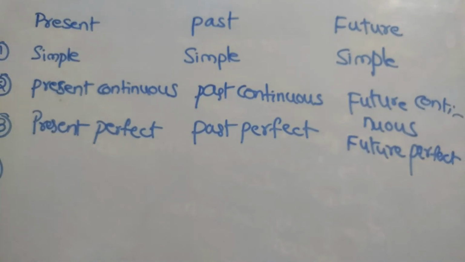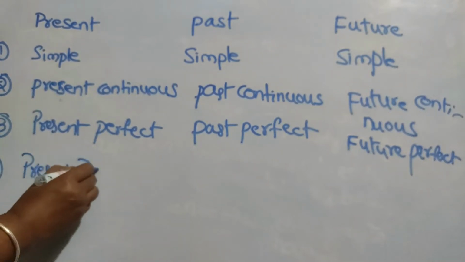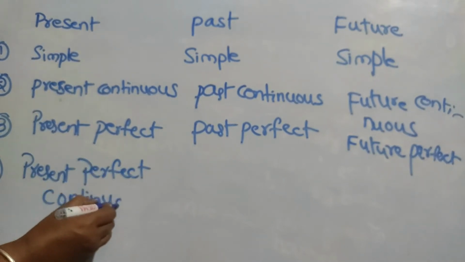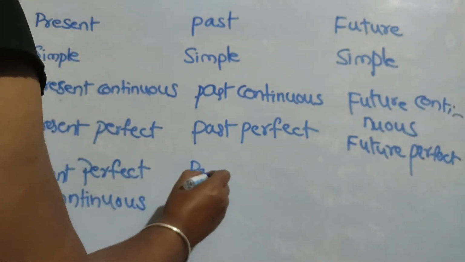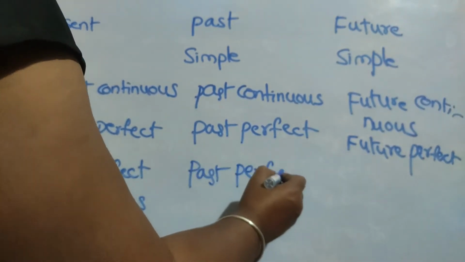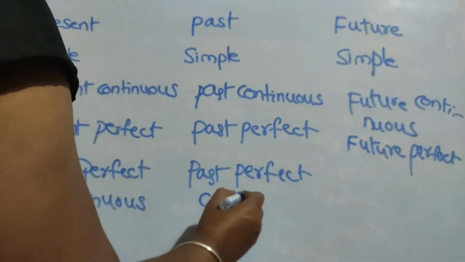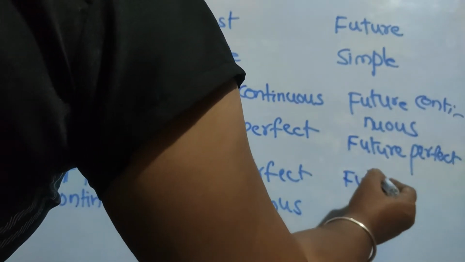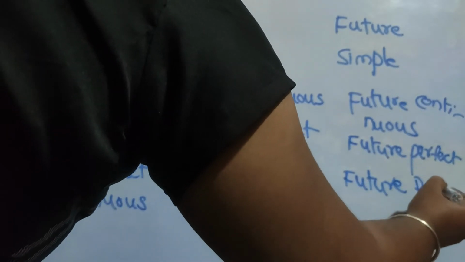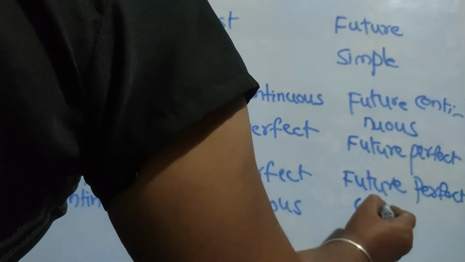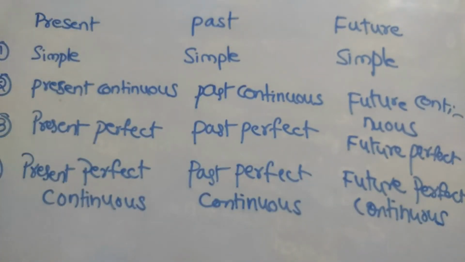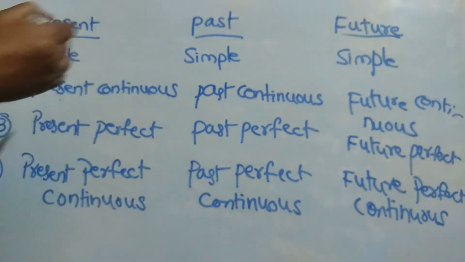The fourth and the last category: present perfect continuous, past perfect continuous, future perfect continuous. So, these are the subcategories under present, past and future.